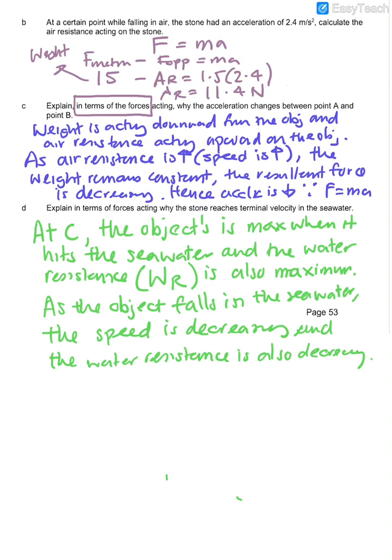Okay, quite a lot to write. Then the most crucial part comes now. Eventually, water resistance is equal to the weight. So hence there is 0 resultant force, and it falls with terminal velocity, or what we call constant velocity.